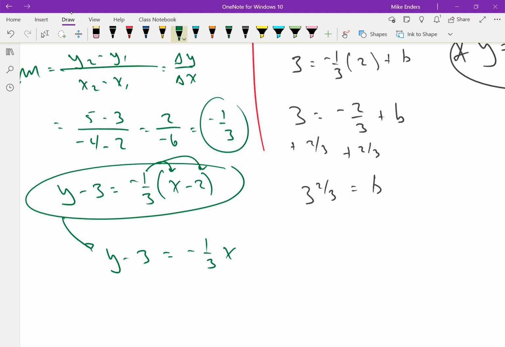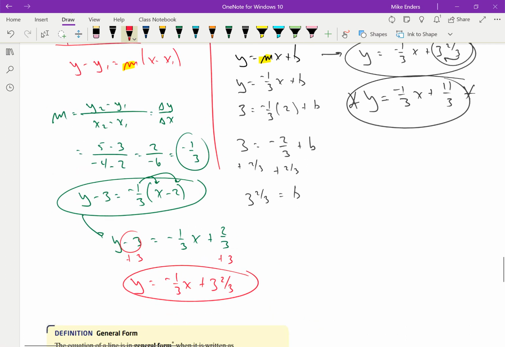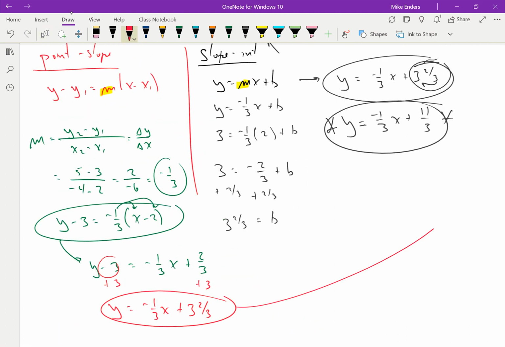So that's negative 1/3 x. Double negative becomes positive, so that becomes 2/3. Then if I want to get rid of this minus 3, I've got to add 3 to both sides. So we got y equals negative 1/3 x plus, 2/3 plus 3 is 3 2/3. Surprise, surprise. That is what we ended up with originally in the slope-intercept form.